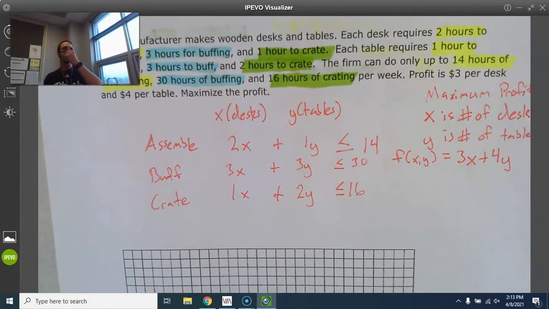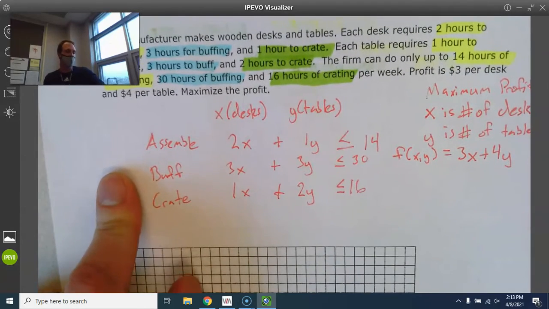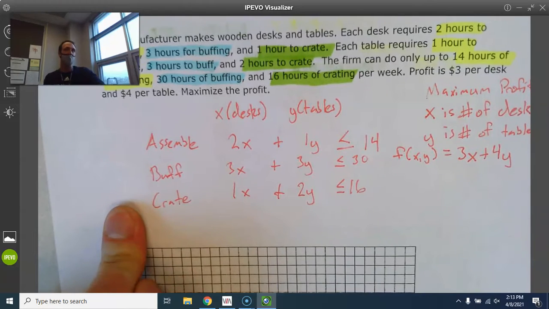And then just like we did in the previous problem, we're going to solve these for y to graph. If you notice, on the last problem I was talking about how sometimes students mix up the values. Sometimes students on this problem will try to do assemble as x, buff as y, and then crate as z. They try to bring in a third variable. And it doesn't work because there's only two variables.